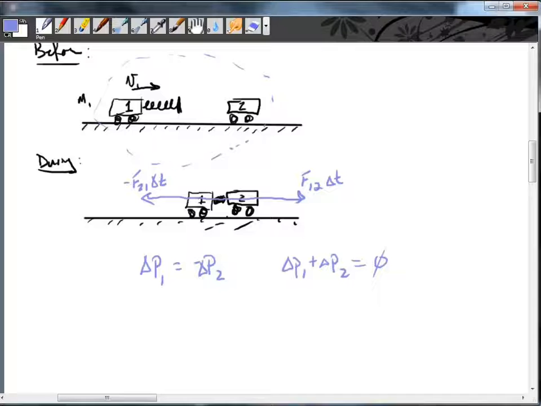That's what's going on here. The change in momentum 1 plus the change in momentum 2 equals 0. We saw this earlier, I think yesterday. If our change in momentum equals 0, this must be what?